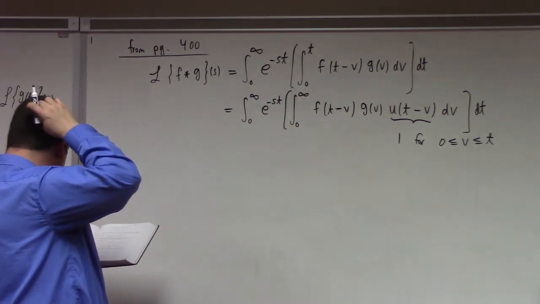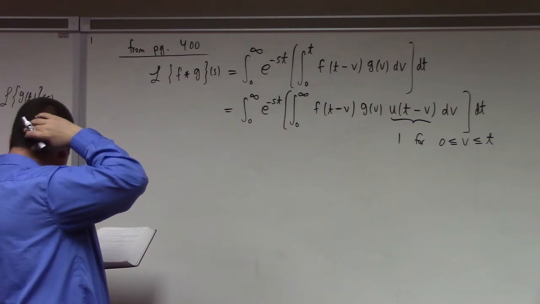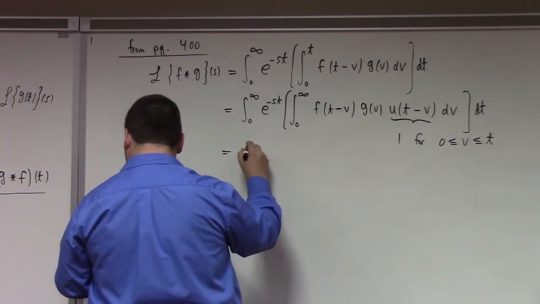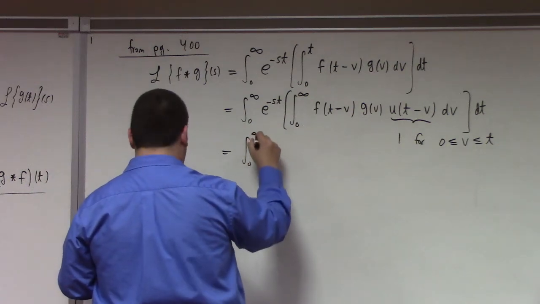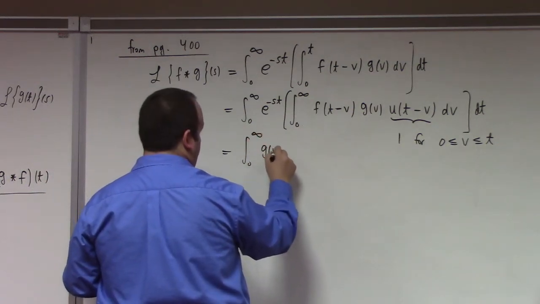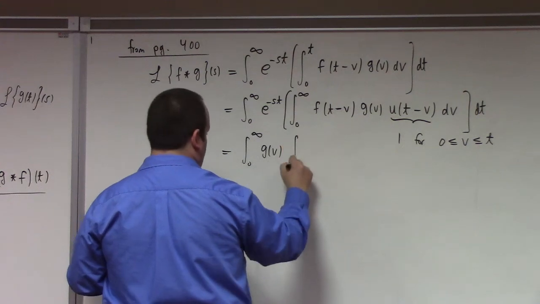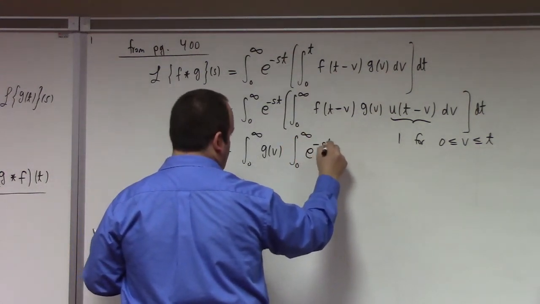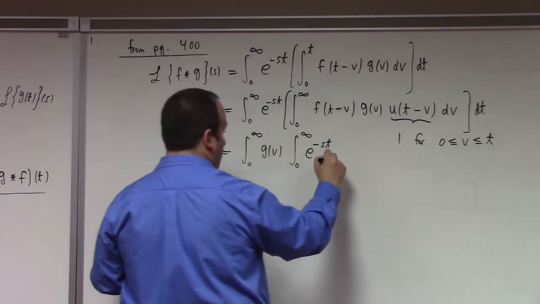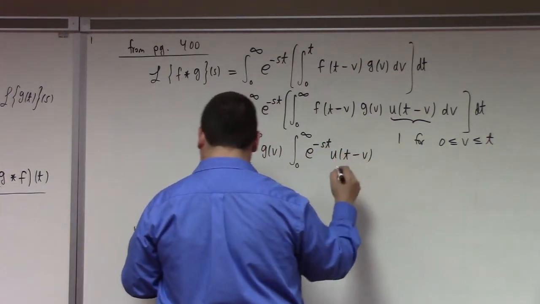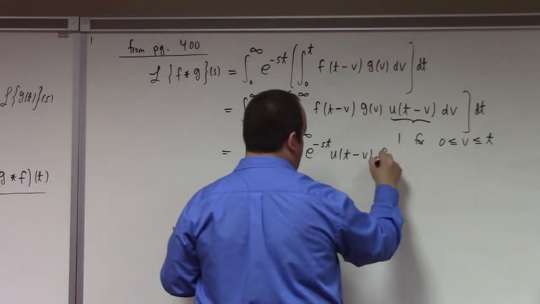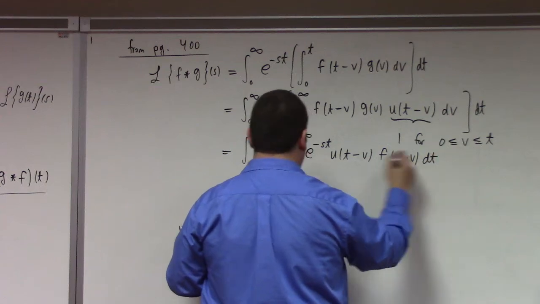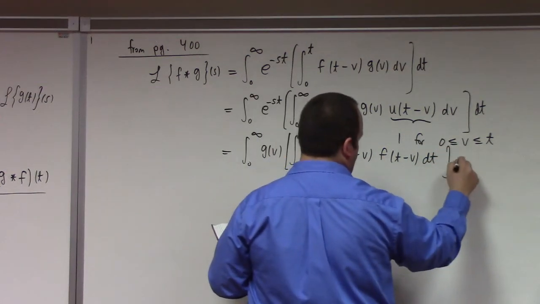Now, he says, reversing the order of integration gives the following: the integral from 0 to infinity of g of v, times the integral from 0 to infinity of e to the minus st, u of t minus v, f of t minus v, dt, dv.